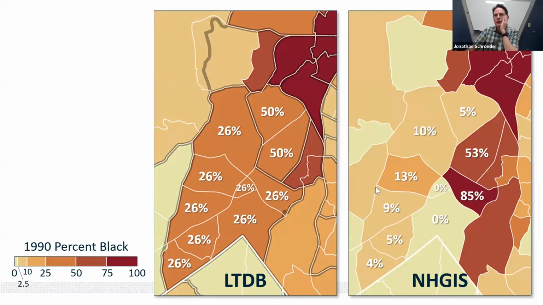One thing about our crosswalks that I really like to emphasize is we really recommend that people start from the smallest possible units. And so I talked about this a little bit, that we start from blocks. These two maps illustrate a key difference between our approach and another product, the longitudinal tract database, which provides a tract-to-tract crosswalk.